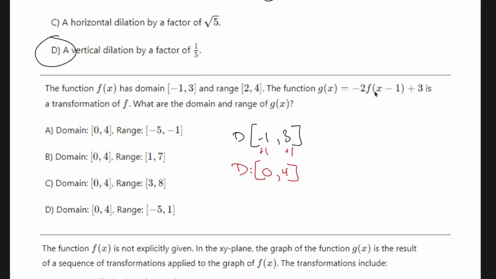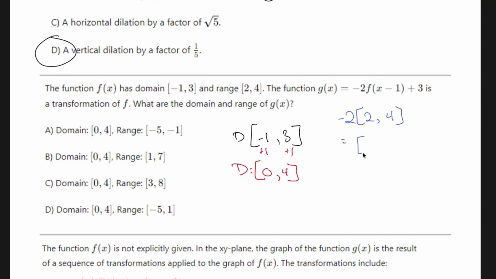But now what we have is a vertical dilation, and then we're going to move it up 3. So basically this is the same exact problem that we saw up here, just a little bit more complicated. My range is 2, 4. I'm going to reflect first by multiplying it by negative 2.